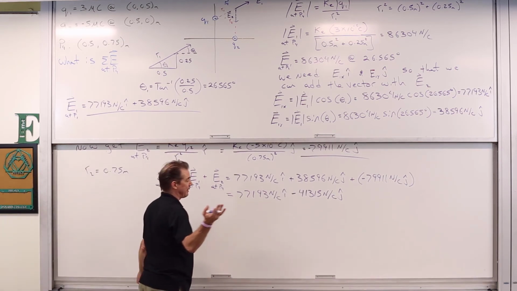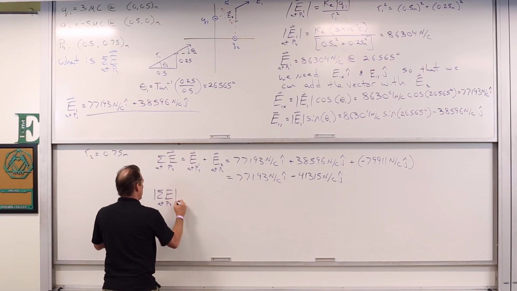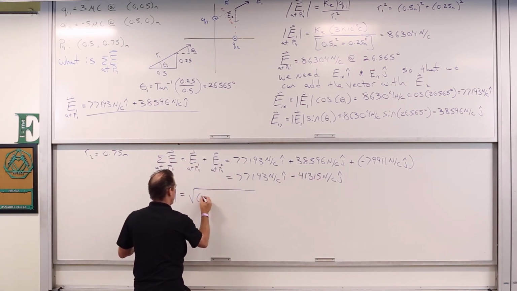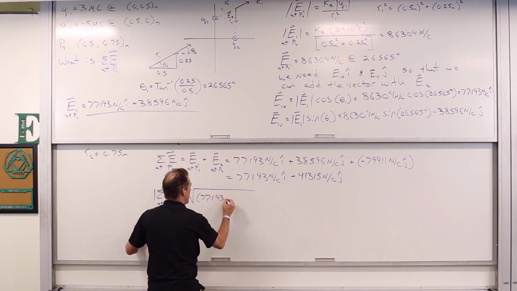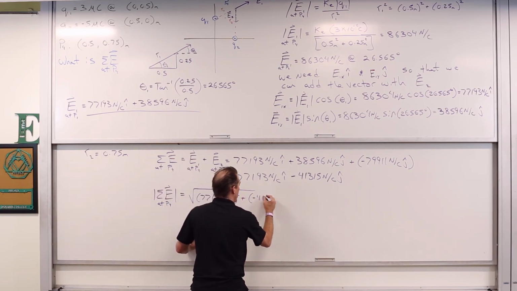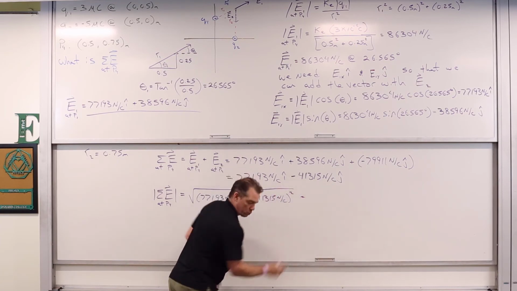What do we want? We want magnitude and direction. So the magnitude of sigma E hat at P4 is going to be equal to the square root of the sum of the squares, which is the square root of 77,193 newtons per coulomb squared plus negative 41,315 newtons per coulomb quantity squared.